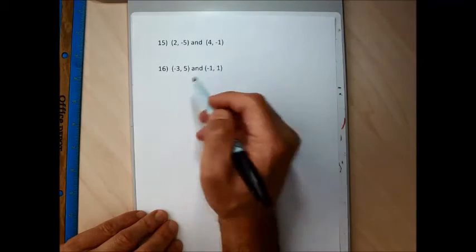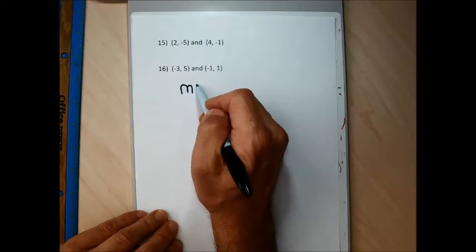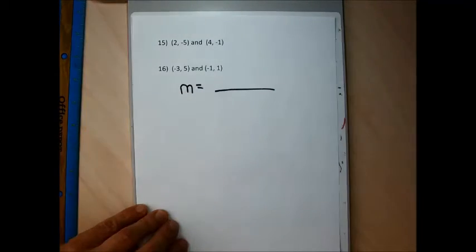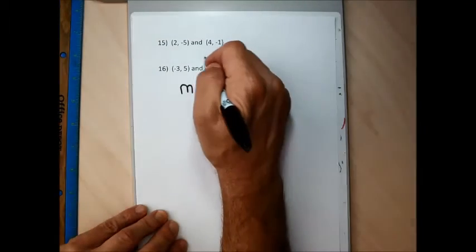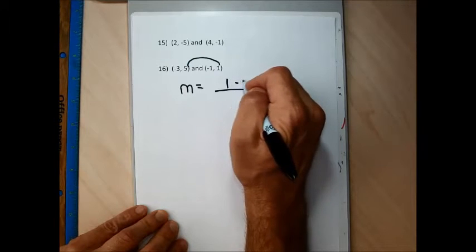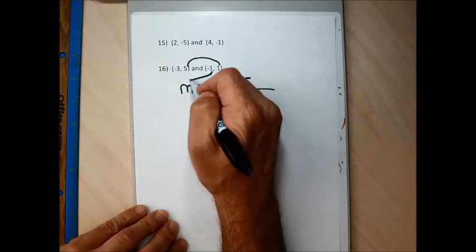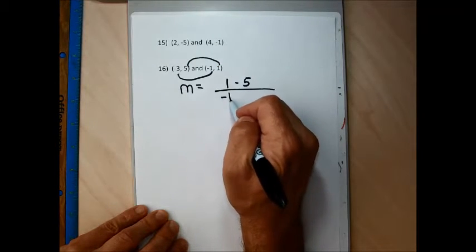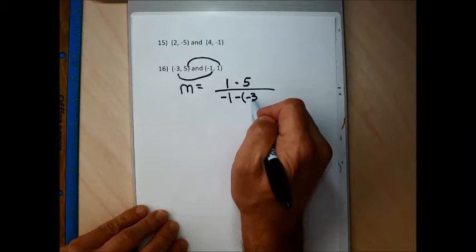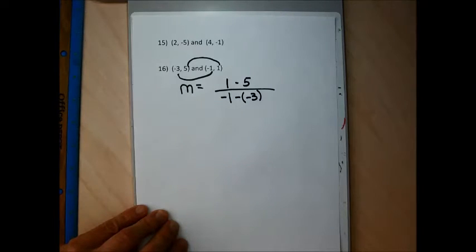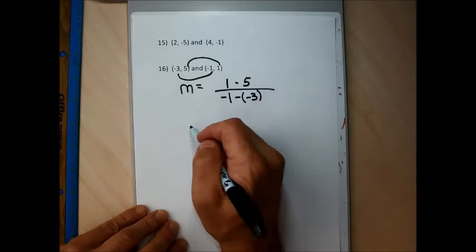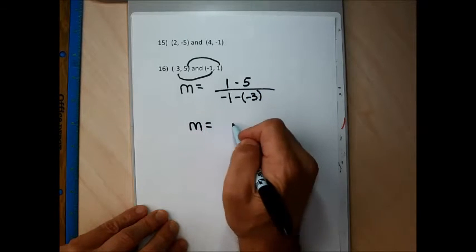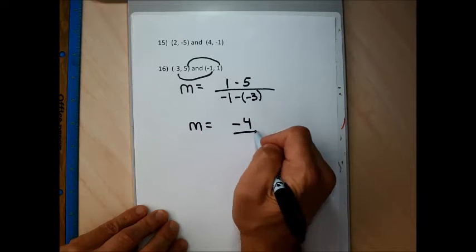So for problem 16, to find the slope of the line between those 2 points, form a fraction. In the numerator, do y2 minus y1, which is 1 minus 5. In the denominator, x2 minus x1, that's negative 1 minus negative 3. That second negative picks up its own parentheses. This gives me m equals negative 4 in the numerator, which is 1 minus 5.